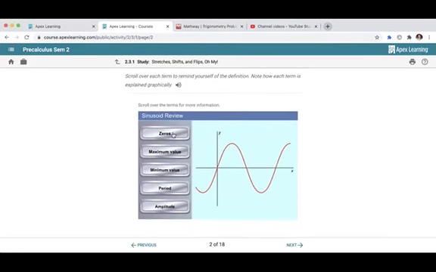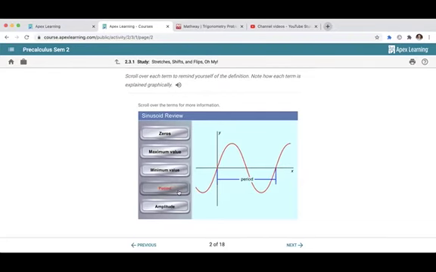So if we look at this, again, our zeros, where it crosses the x-axis. Our max value is the absolute top, our peaks. Our min value is the lowest part, our valleys. Period is how long it takes us to get back to our original point, right? I start at this 0 point, I go up, I go down, I come back to where I started, because I'm going to go back up again.